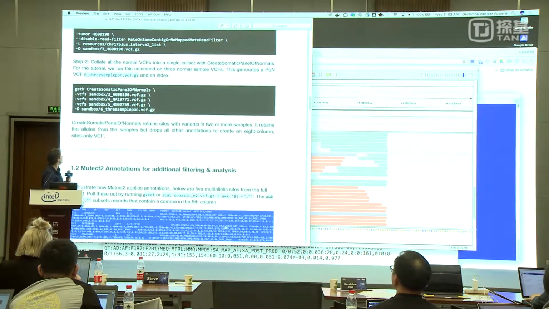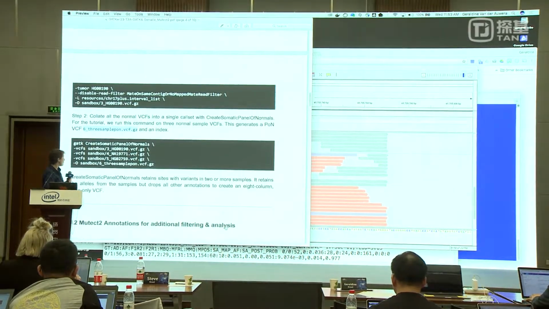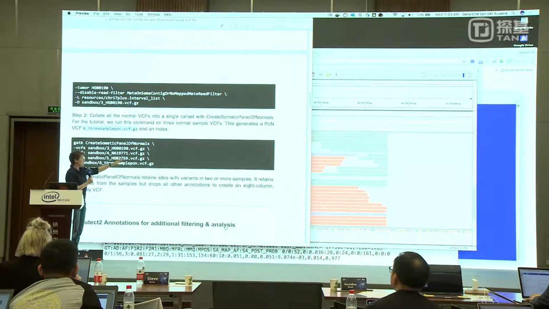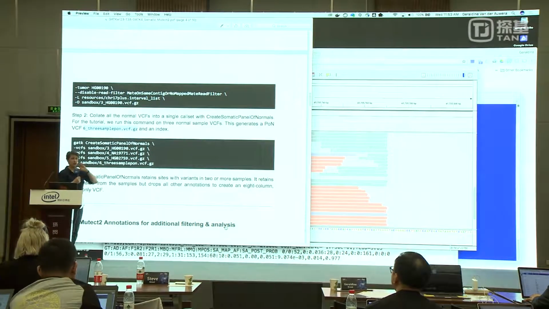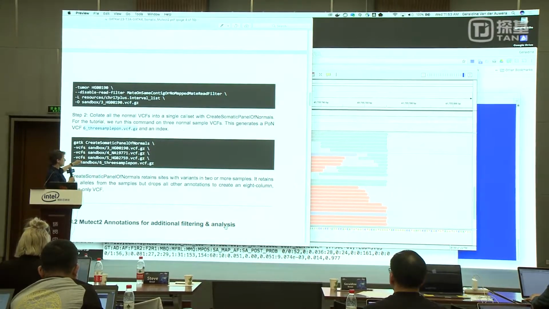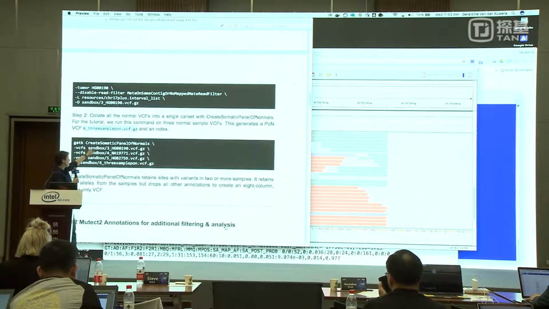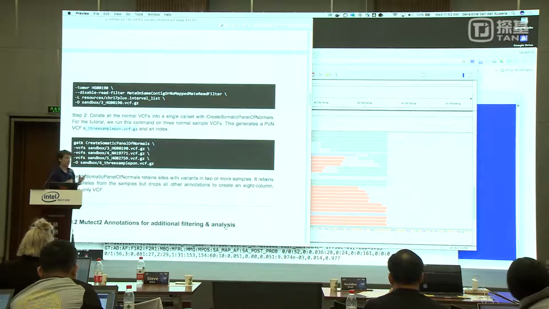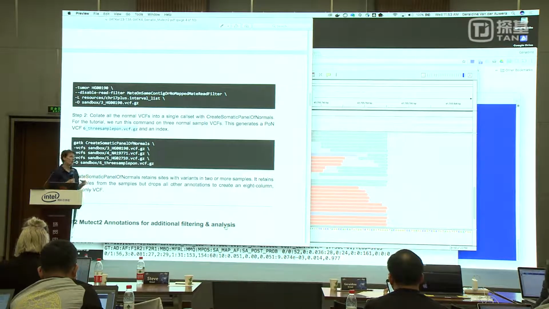All right? And so once you have the VCFs from all of those, and you can do all of that in parallel, you can do it just per sample, so that's pretty straightforward. Once you have all of that, then you run this tool called CreateSomaticPanelOfNormals, and that is going to apply some combination rules to extract the sites that are in at least, I think it's 3 or 5, there's some rule like that.